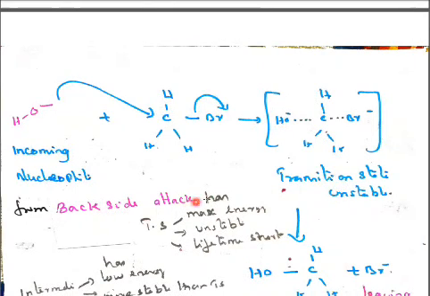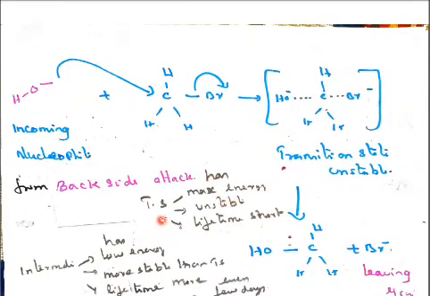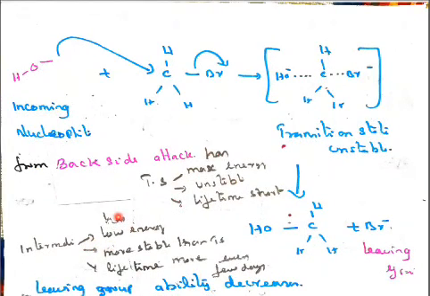It has a backside attack, because the transition state and the intermediate state are different. A transition state is found in the SN2 mechanism, while an intermediate is found in the SN1 mechanism. The transition state has maximum energy, it is unstable, and its lifetime is very short. In the case of an intermediate, the energy is lower.